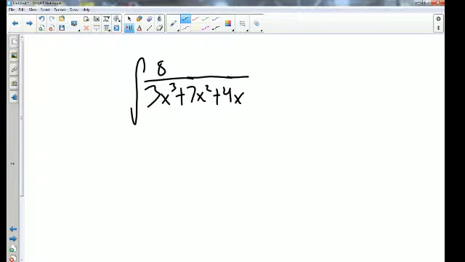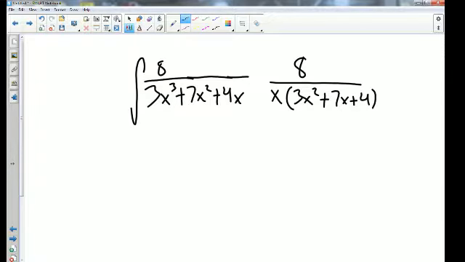In this case, you still need to separate the bottom. So you'll have 8 over x, which you can factor out of each term, and that leaves you with 3x squared plus 7x plus 4.